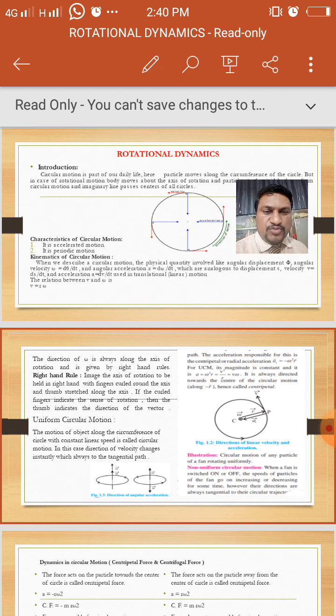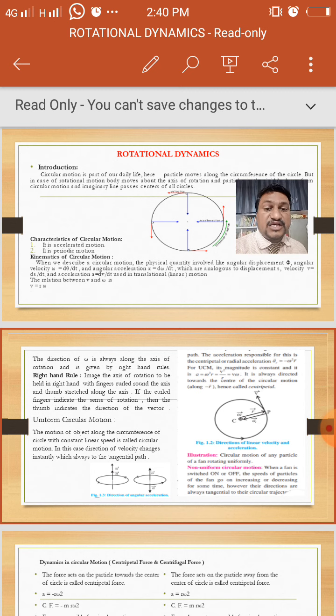Why is it an accelerated motion? When the particle performs circular motion, this particle has acceleration. Which type of acceleration? Centripetal acceleration. Why is it called centripetal acceleration? Because the acceleration of the particle is directed towards the center of the circle.